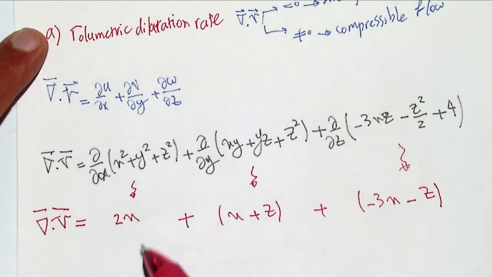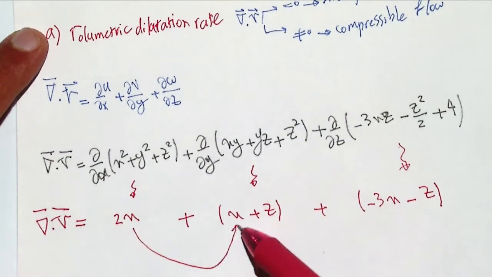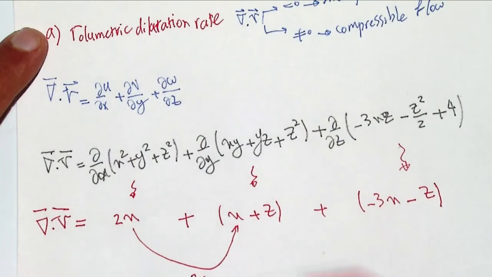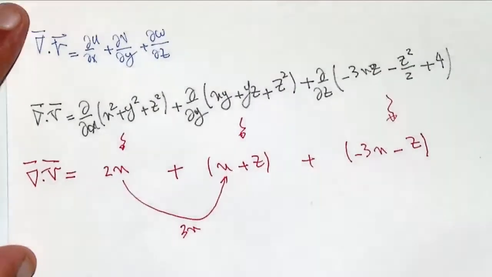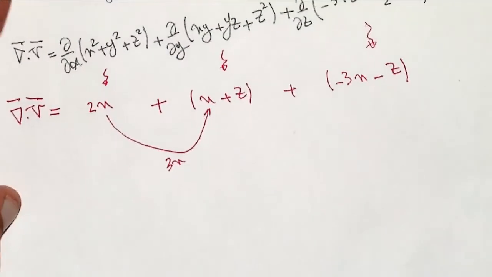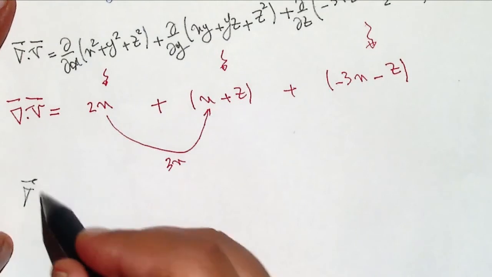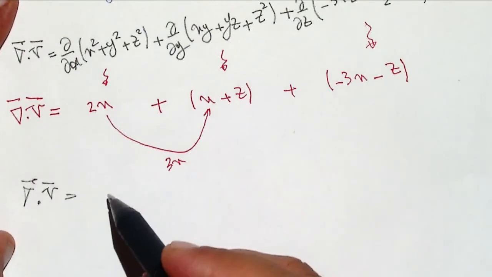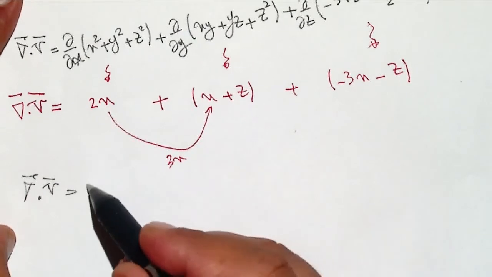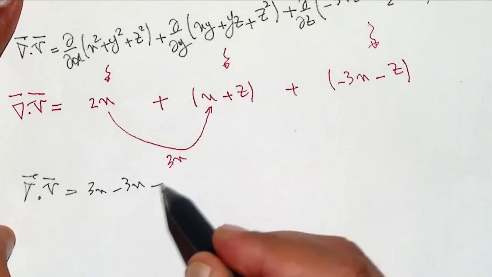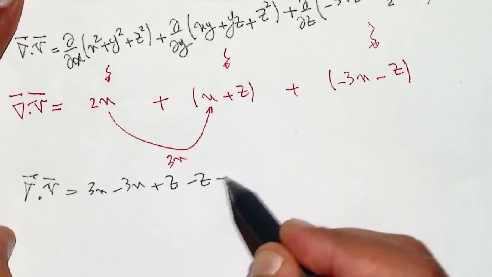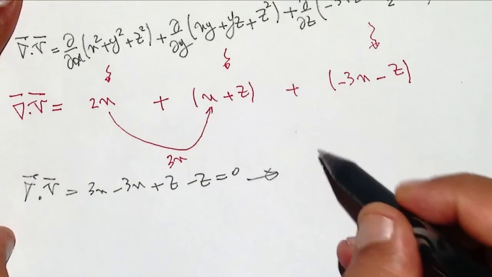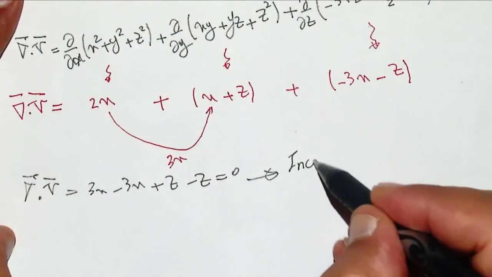If you add these up, then 3x is going to cancel out with minus 3x, and z is going to cancel out with the other z. So this is going to be 0 at all points in the domain. 3x minus 3x plus z minus z is 0. The meaning of that is the flow is incompressible everywhere.